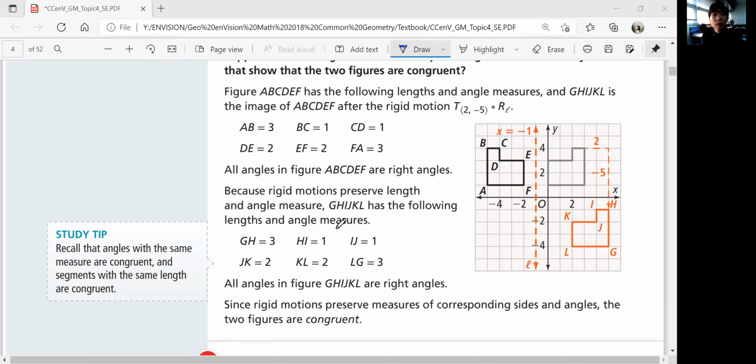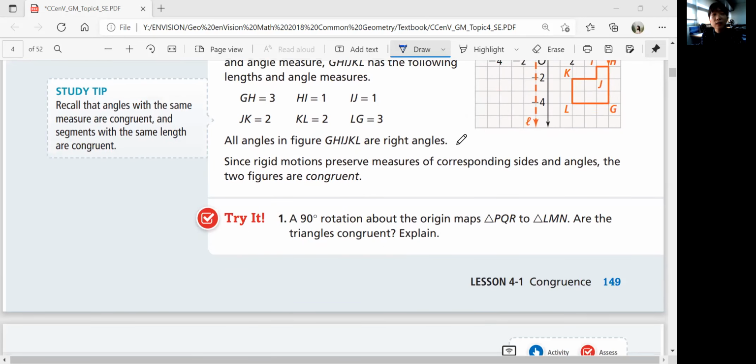Let's look at the try question. A 90 degrees rotation about the origin maps triangle PQR to triangle LMN. Are the triangles congruent? Explain. What is a rotation? Is it a rigid motion? Yes. So would the triangles be congruent? Would it be the same size and preserve the length measures and the angle measures?